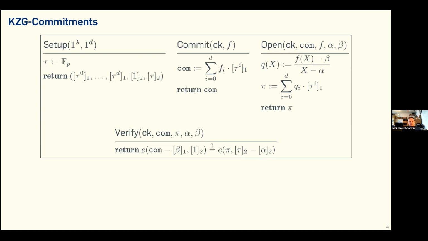If you have a polynomial over Fp of some bounded degree, then you can commit to it, and what you're left with is a very small representation of this polynomial. With the opening algorithm, I can then create openings or proofs that show that the polynomial I committed to evaluates to some specific value beta on a specific point alpha. And this is verified using this verification equation.